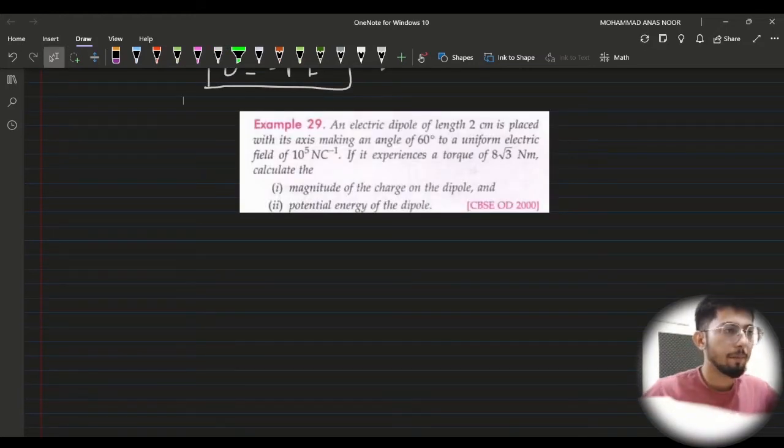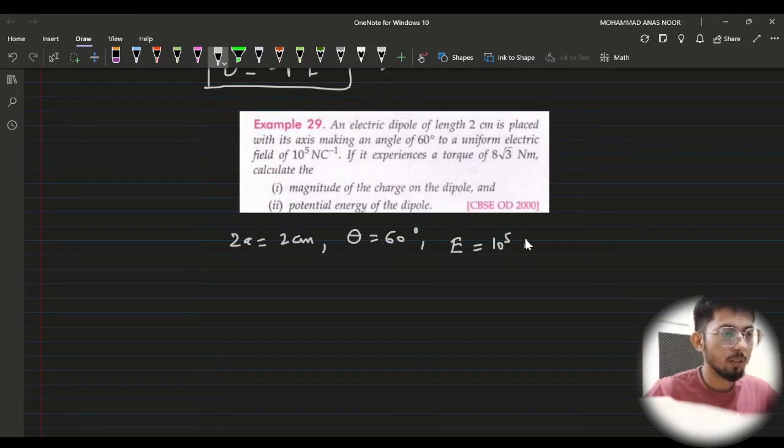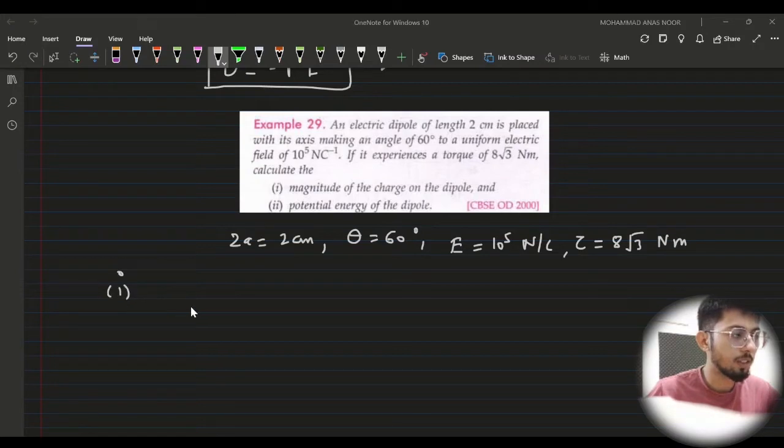The length of the dipole is 2 centimeters, so that means 2a is given, 2 centimeters. It is placed in a uniform electric field, E is given as 10 to the power 5 Newton per coulomb. Torque experienced is 8 root 3 Newton meter. Calculate first the magnitude of charge on the dipole.